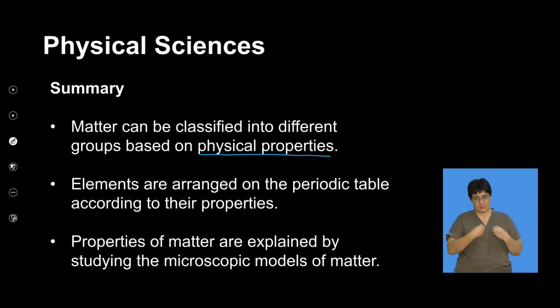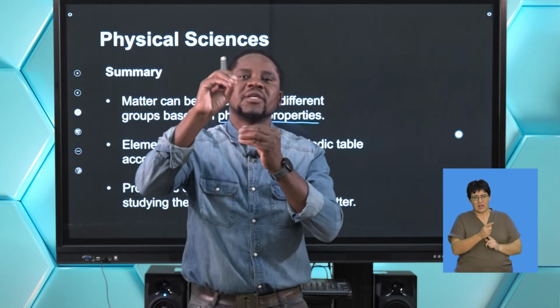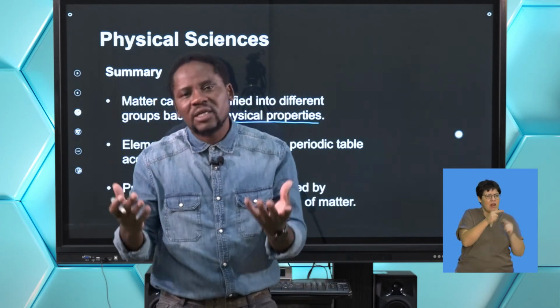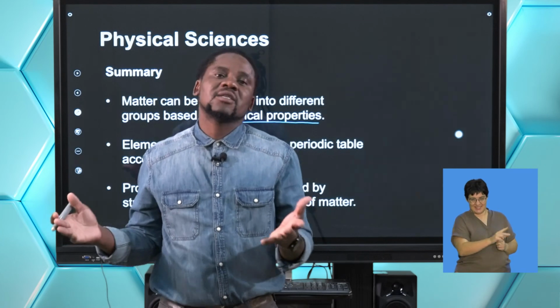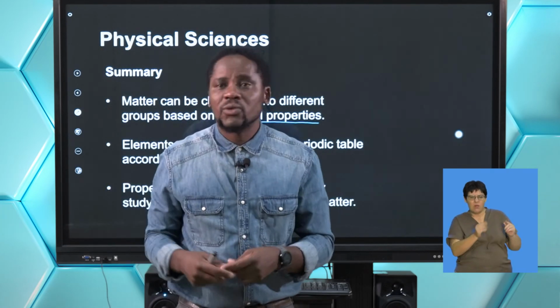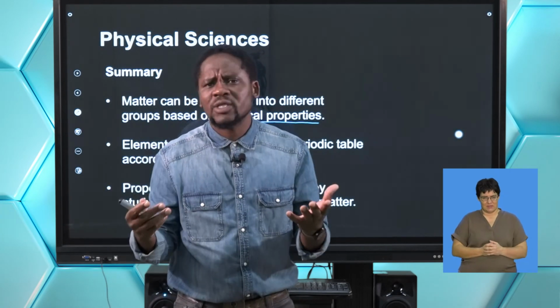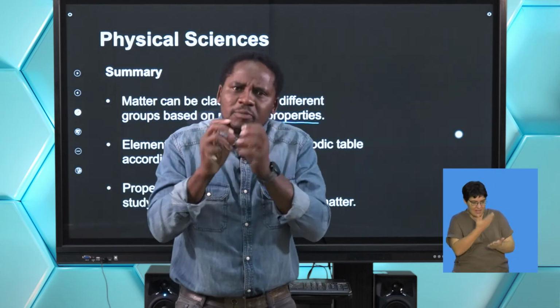So elements are arranged in the periodic table according to their properties. We've mentioned that, okay? Properties of matter are explained by studying the microscopic model. When we look at the chemical composition of a material at a particular level, we are able to understand its properties, because how a particular material behaves, or whatever happens to it, is based on how these particles are arranged.